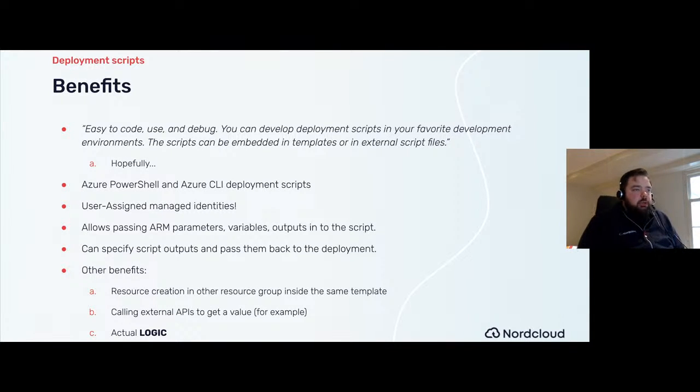And that's all you need to do. And yeah, the one that I already mentioned: it actually gives us logic in an ARM template, which is the thing that is the most beneficial to me.